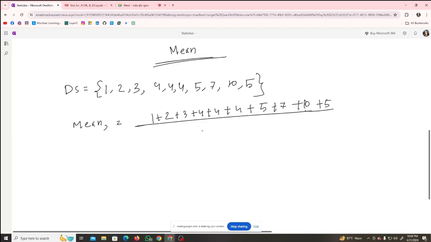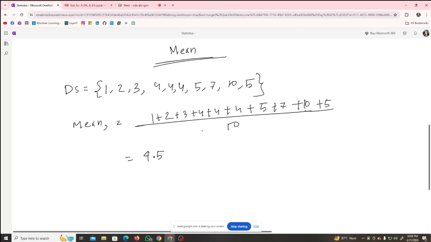And the total number is 1, 2, 3, 4, 5, 6, 7, 8, 9, 10. So the mean of this dataset is 4.5. So by this value, you can understand the average value from this dataset.